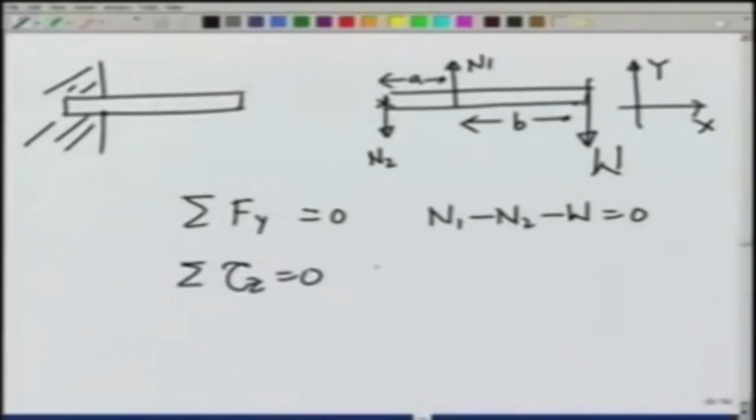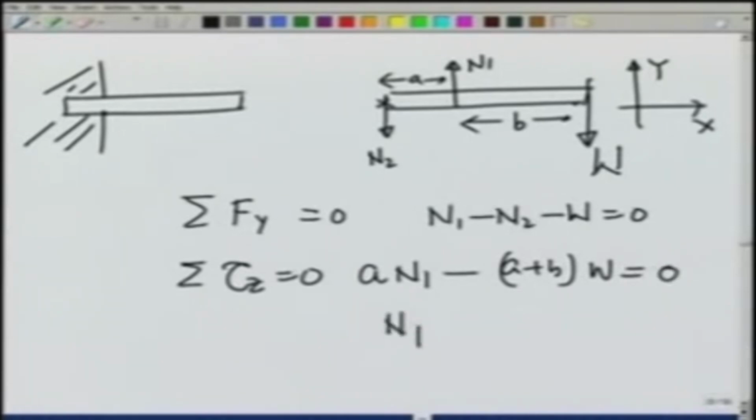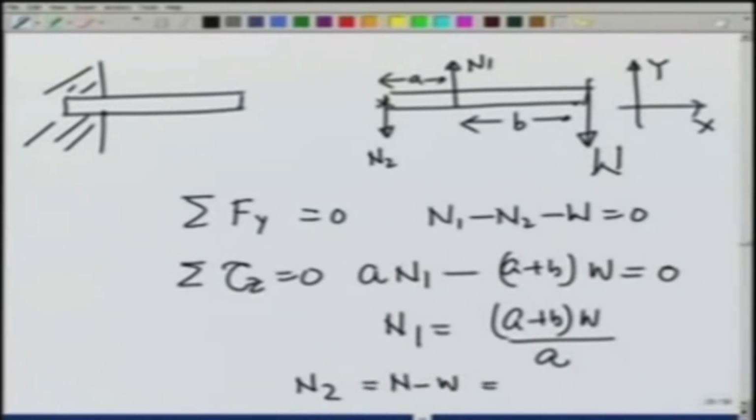It gives me A times N1 minus A plus B times W is equal to 0, or N1 is equal to A plus B times W over A, and similarly N2 would then come out to be N1 minus W, which is A plus B W over A minus W, which is equal to B W over A.